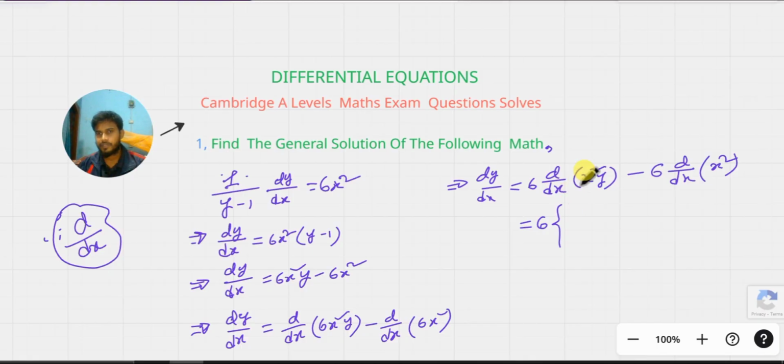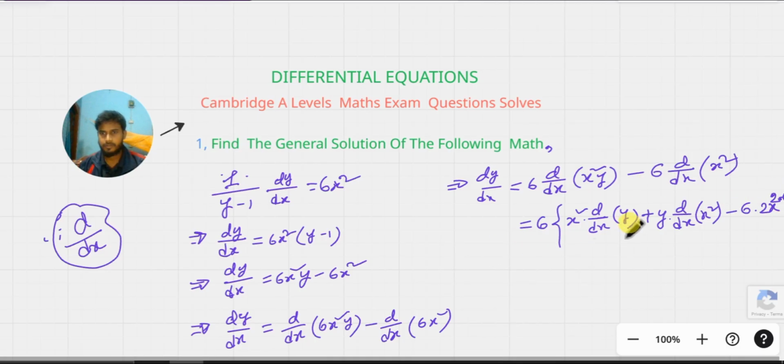So here the uv formula will be applied. So we will apply the uv formula: x² d/dx of y plus y d/dx of x², minus, here we will get 6 into 2 into x, because the x^n formula is applied, n times x^(n-1).